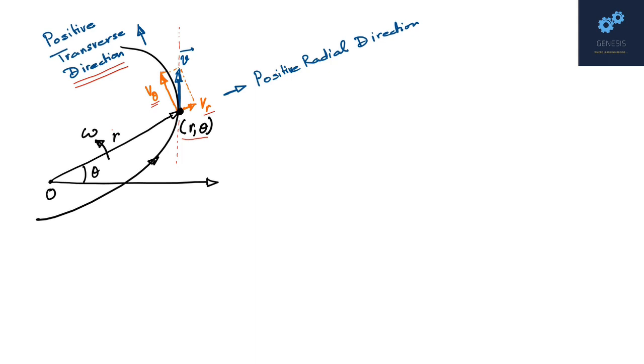Now, as the particle moves, its position vector changes. And this position vector changes not only in magnitude, but also in direction. So we can say the position vector can stretch or compress as well as turn. Now try to imagine if you only had this Vr.